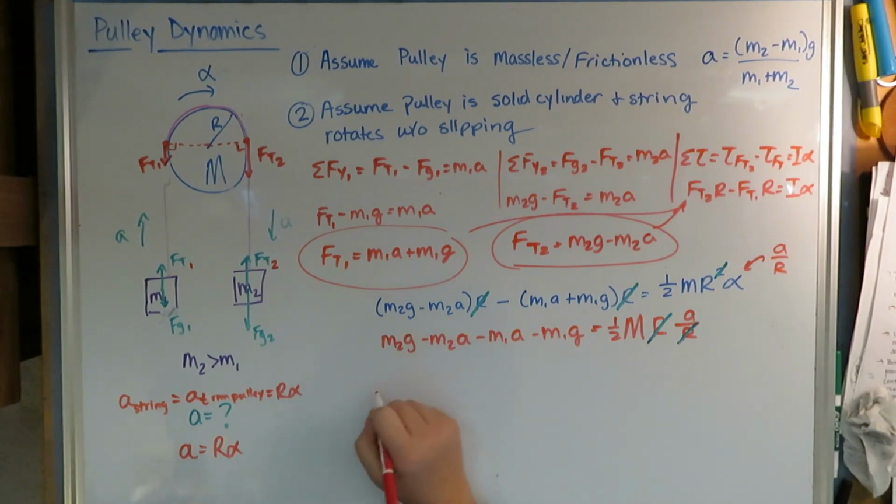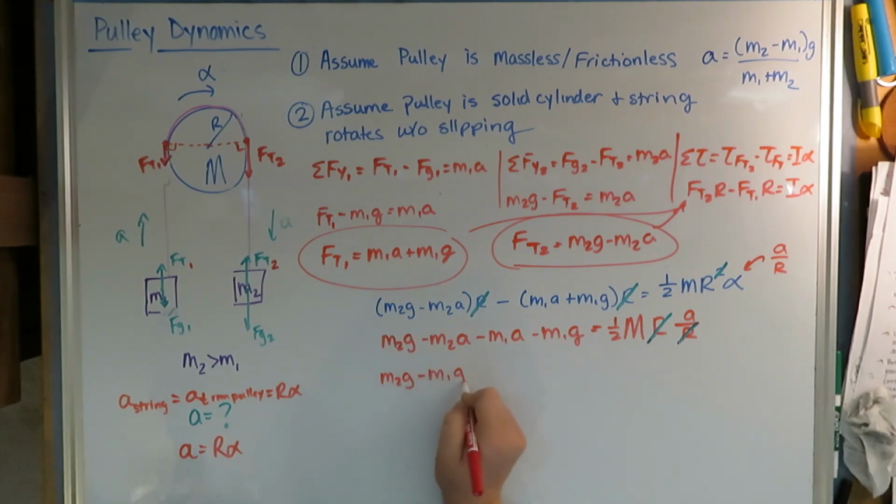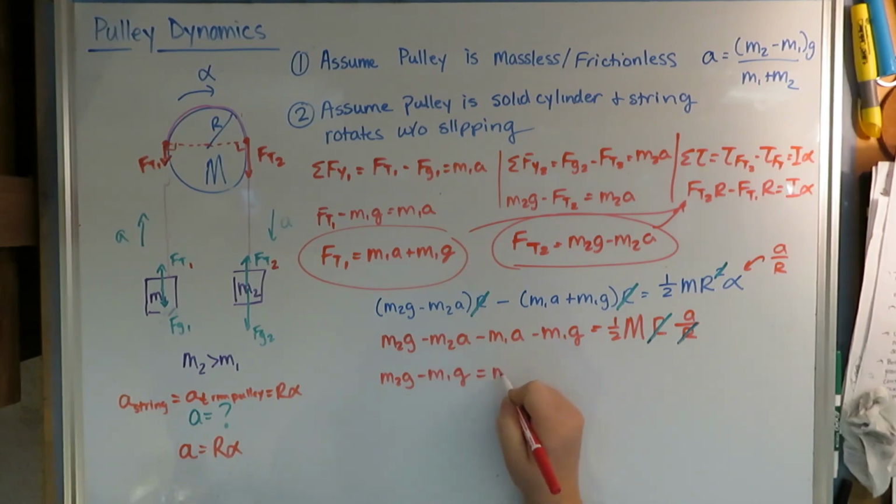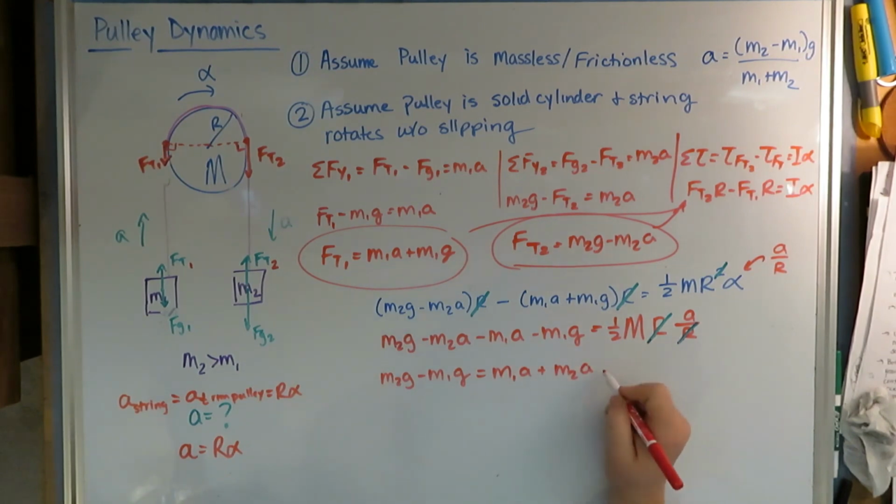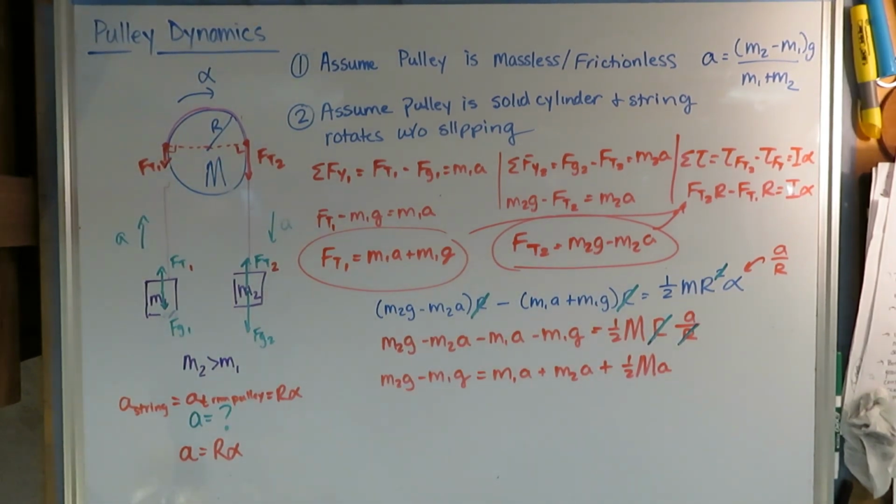So simplifying it down, let's see, I'm going to group my G terms together. So I'm going to M2G minus M1G. And then I'm going to add my A terms to the other side. So that's going to equal M1A plus M2A. Plus, I already had a 1/2 big M times A. So then I can pull out a G over here.